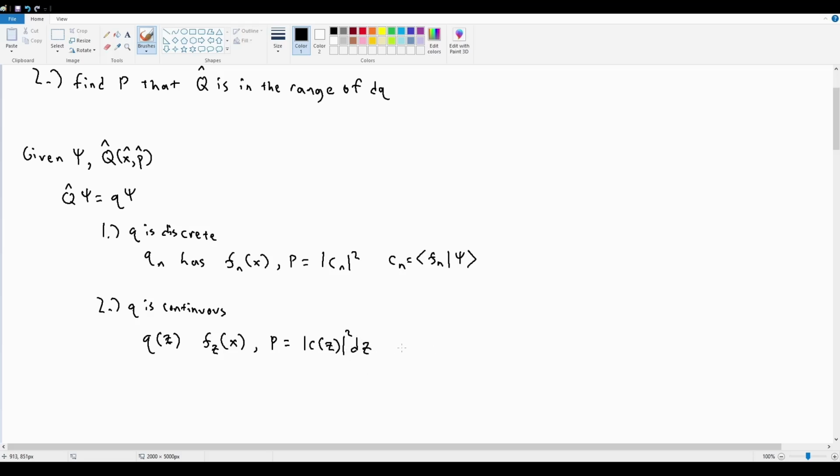And then similarly, the coefficient c of z is just going to be equal to the inner product of the eigenfunction f sub z with psi. So this is, once again, something that we learned back in chapter 2. It's the exact same thing. Or I guess in this case, this would be chapter 3.